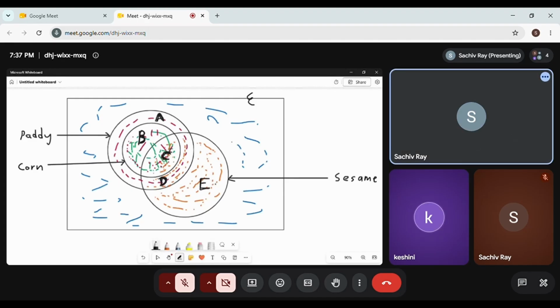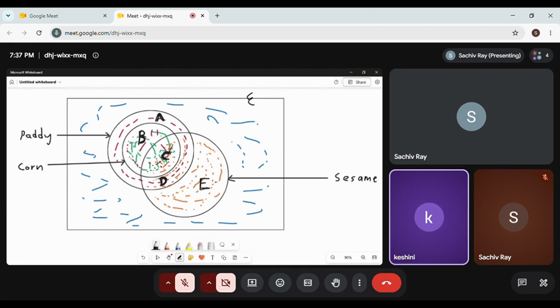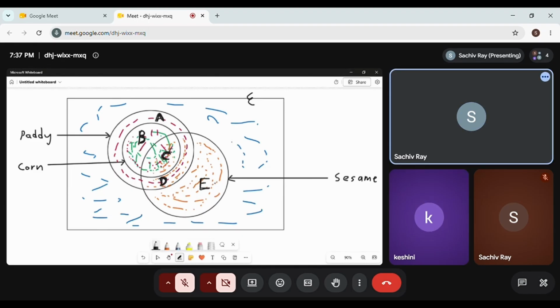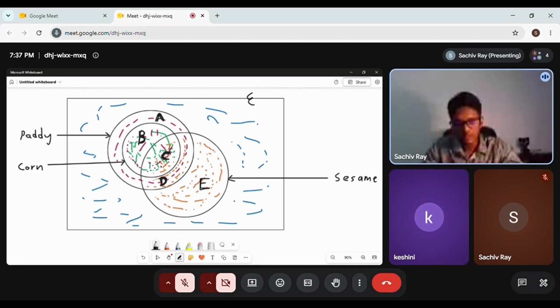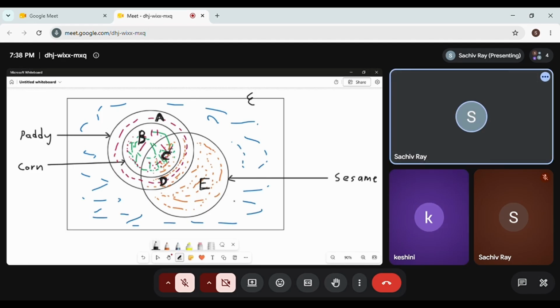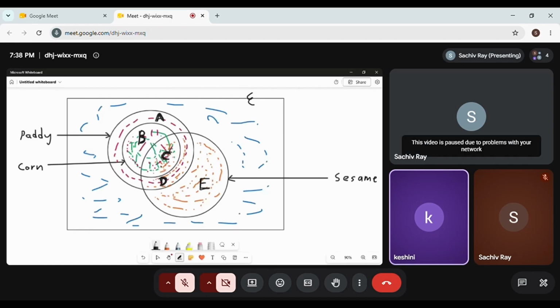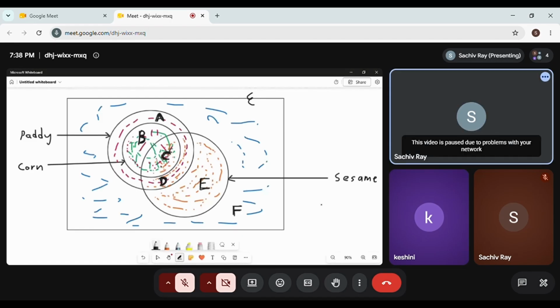Yes, sir. Only orange, right? Okay. F. Farmers who do not cultivate any of these three crops. In the blue part, outside these three circles, right? Outside the three sets. That's it.